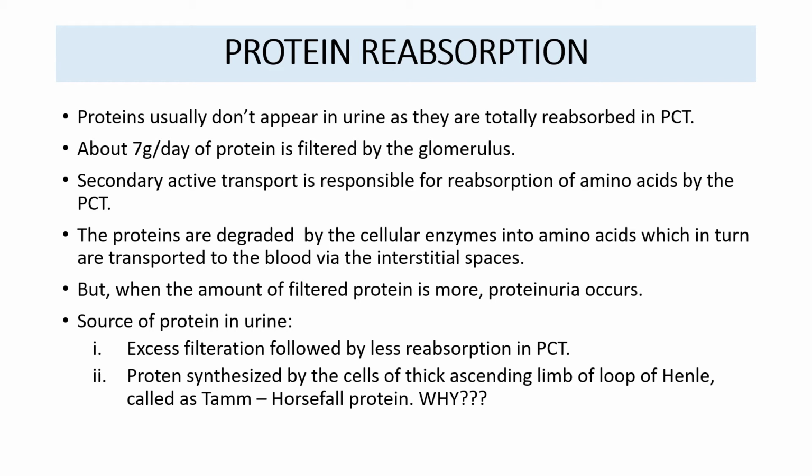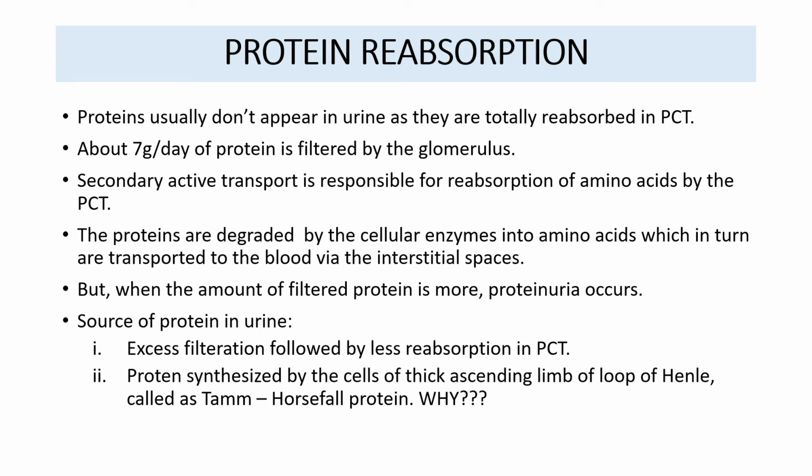Secondary active transport is responsible for reabsorption of amino acids by the PCT. Now these proteins which come to the tubules are absorbed by the tubular cells along with sodium by a transporter, a similar type of transporter to the one absorbing glucose.